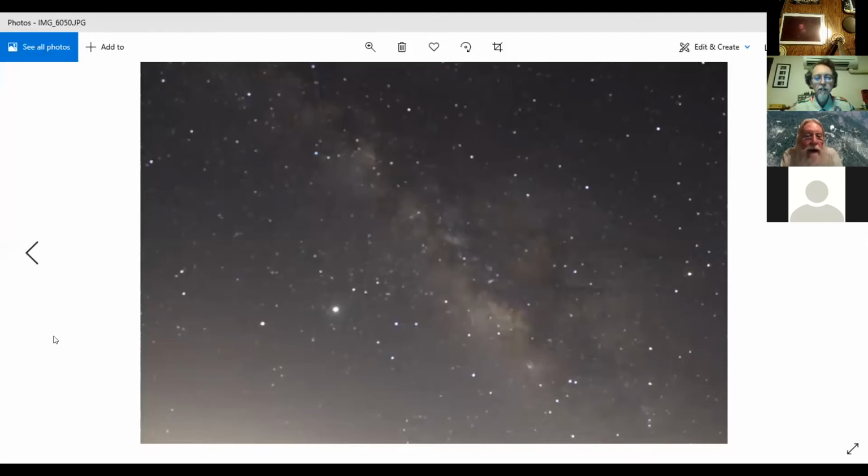Oh, here's a picture of, is this Sagittarius? Yeah. Jupiter, oh there we go, Saturn. So if you guys saw Jupiter and Saturn tonight, that's where the Milky Way should have been had you been able to see it in LA, which you can't. And this glow is Los Angeles.